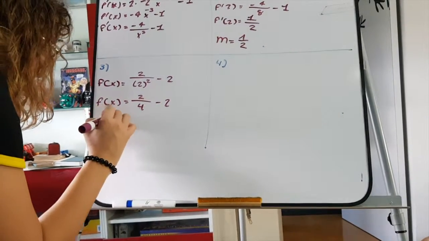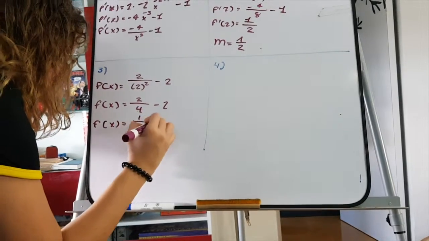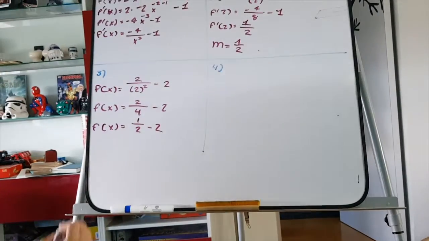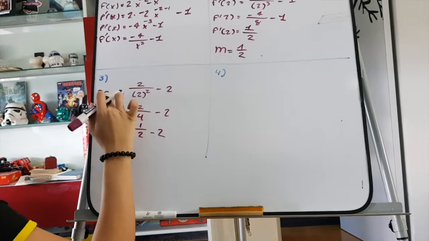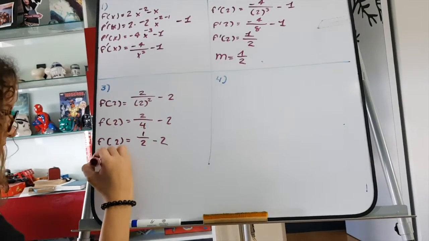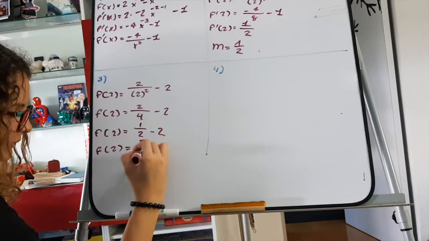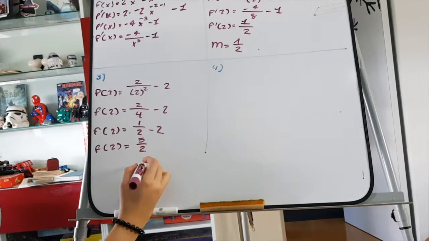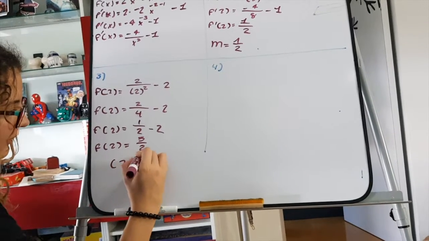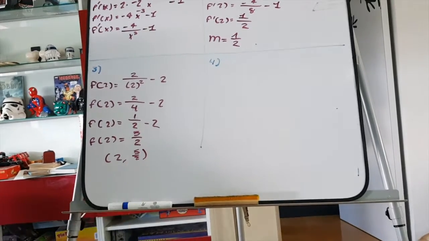This is later simplified as 1 over 2 minus 2, and I forgot to place this, very important, the final answer is 5 over 2. This can later be rearranged as (2, 5 over 2), the given point of the equation.